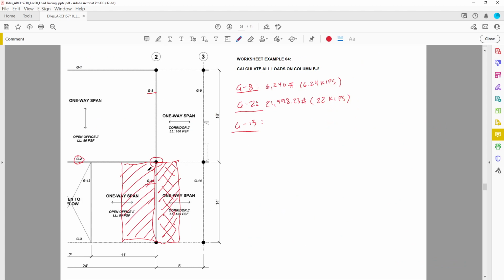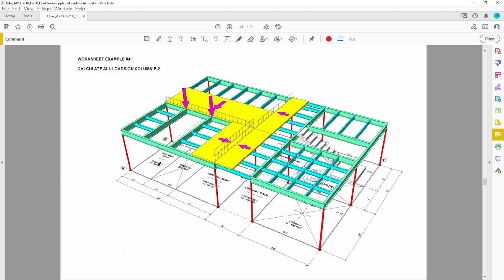So let's just look at then this area, right? Is what's going to be supported. So that area is going to be 6,737 pounds and a half. Plus, we're also supporting half of the loads from this one-way span, right, on G13 at column B2.